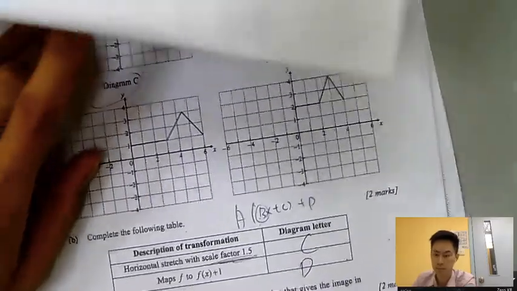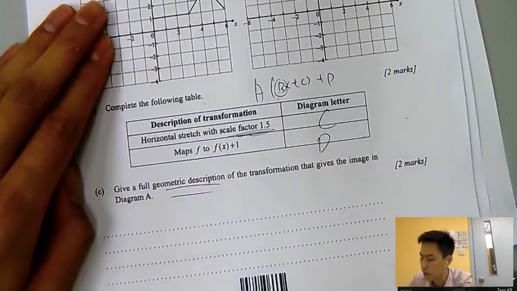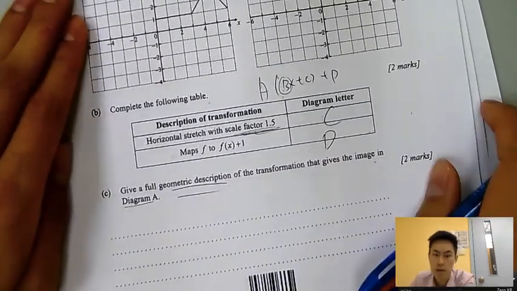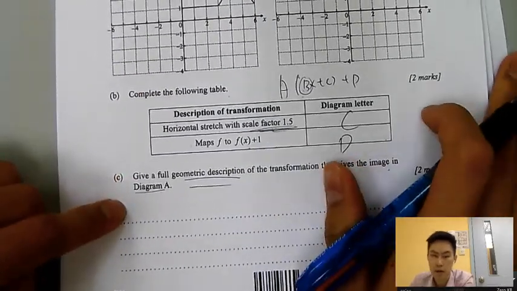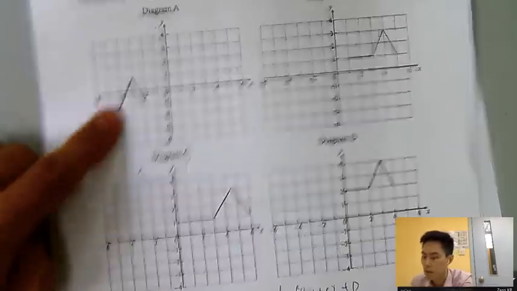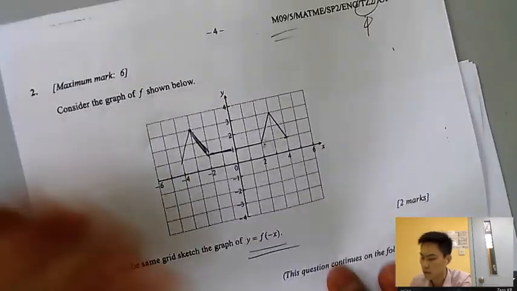So C and D are done. Finally, question C: give a full geometric description of the transformation that gives the image in A. How do you describe the transformation here? Let me refer to the diagram first.